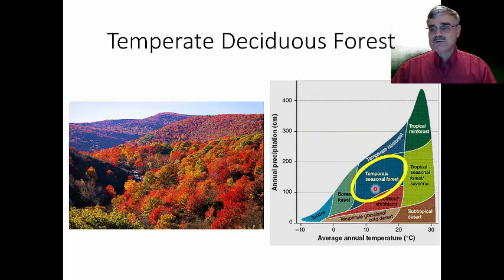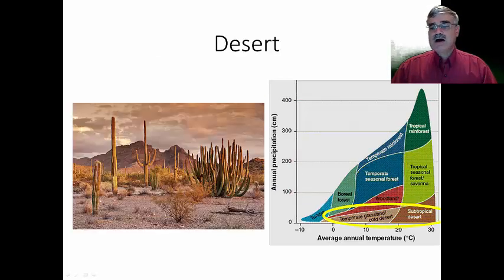The temperate deciduous forest, the biome that most of us probably live in, is one that has an intermediate average temperature of maybe 10 to 20 degrees centigrade and an average annual rainfall. If there is much less rainfall, you would have what are called deserts, the subtropical deserts or the cold deserts or the temperate grasslands.